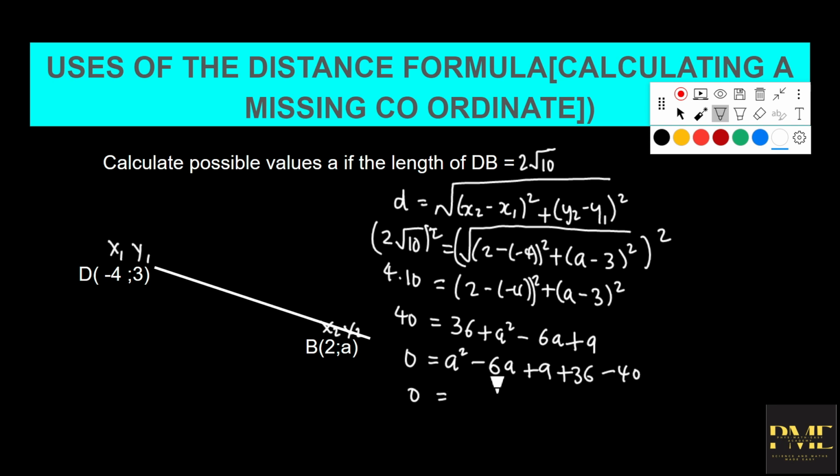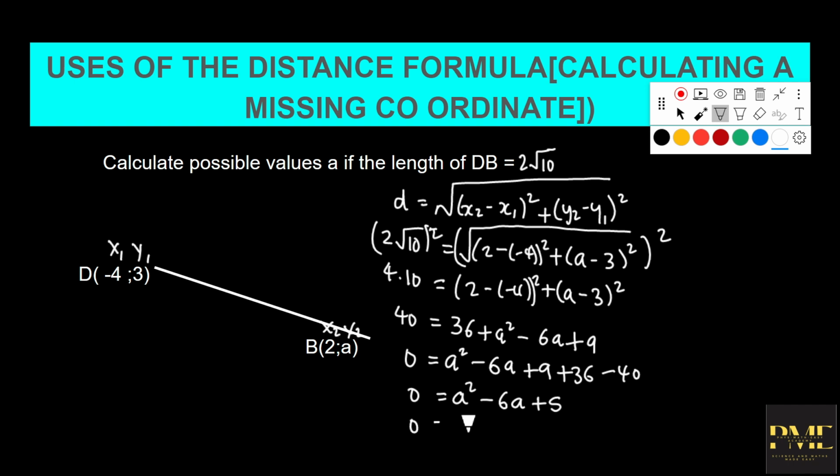So our 0 is equal to, let's do like terms again: a squared minus 6a, and then 9 plus 36 is 45, and 45 minus 40 is positive 5. At this stage we see it's factorizing time, because we have an a squared, an a term and a number at the end.